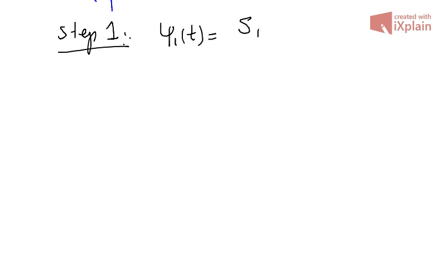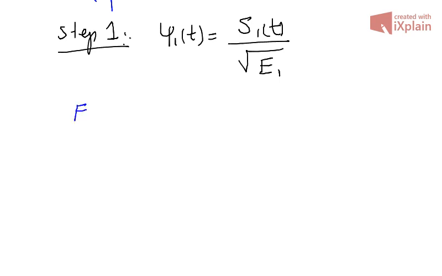So let's try to apply the procedure. What we actually do, we take the first signal. In step number 1, as I explained in the previous slide, we would get psi1 of t, and psi1 of t we take from S1 of t, right? We get psi1 of t from S1 of t by dividing by the square root of its energy.